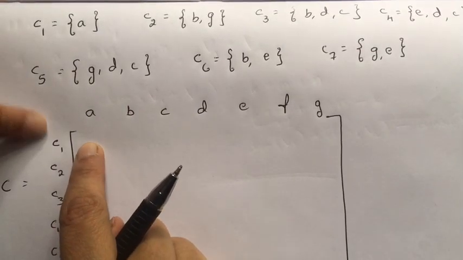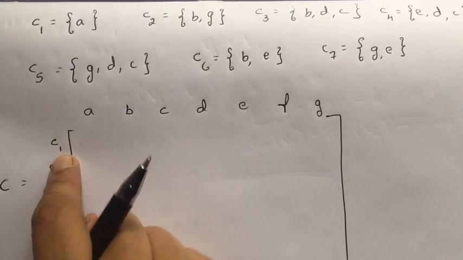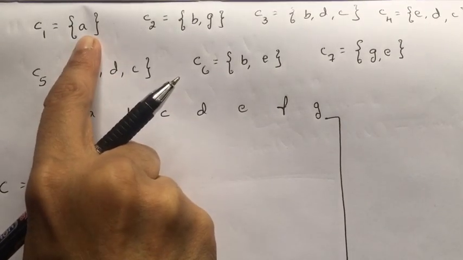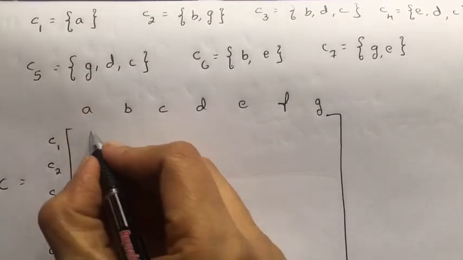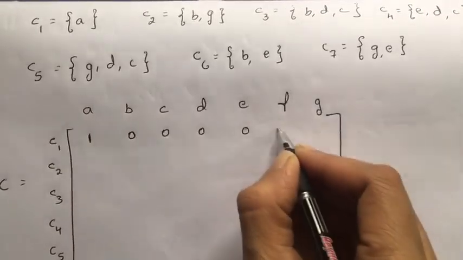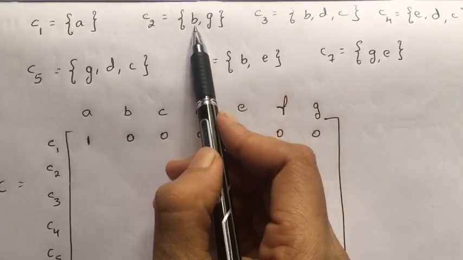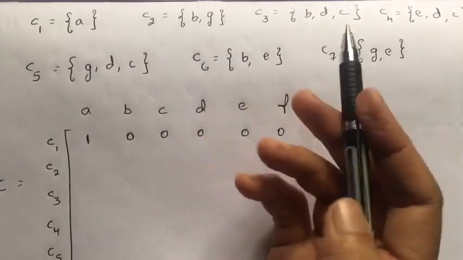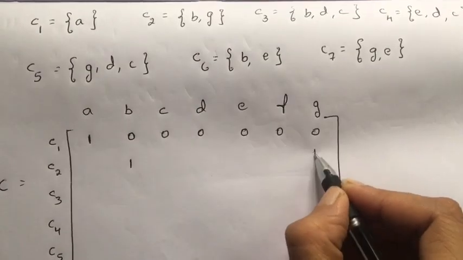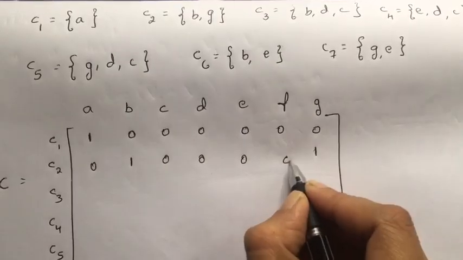C1 is a cutset which has only one edge, that is A, so only this entry is 1, rest are zeros. Cutset C2 has edges B and G, rest are zeros.